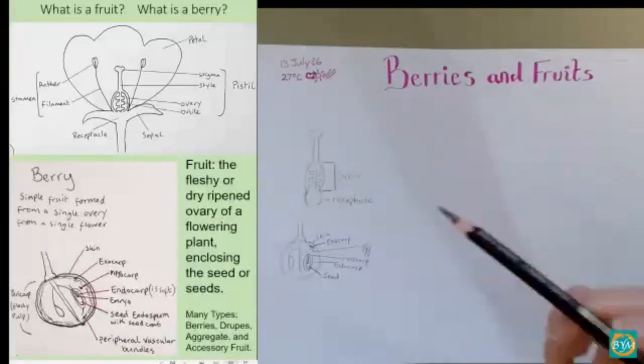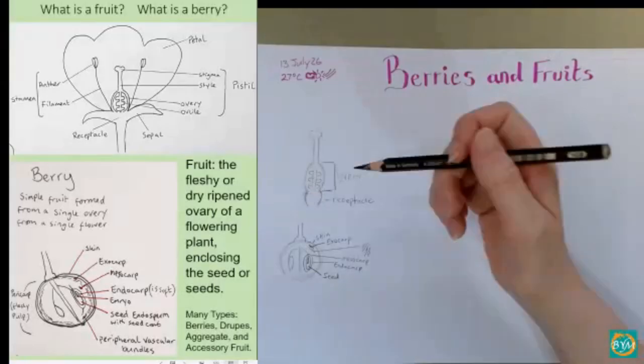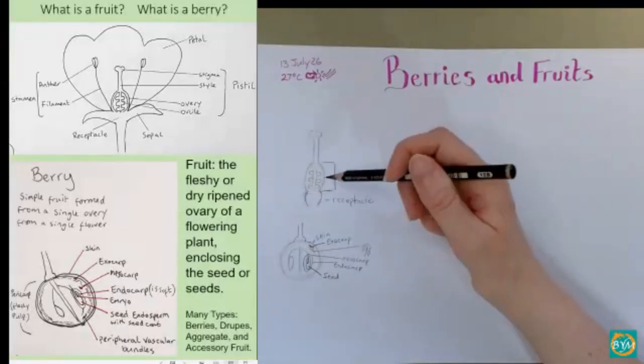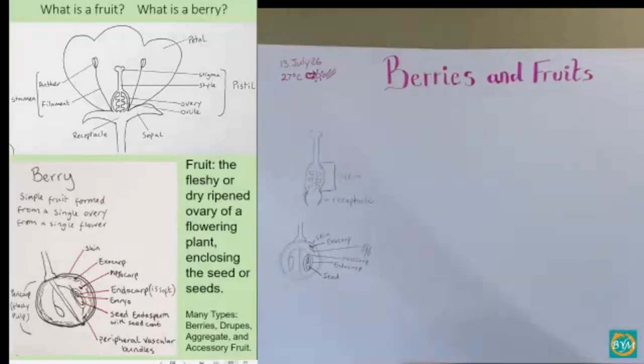But just sort of think, a fruit, the botanical definition is that it is a ripened ovary of a flower. And a berry is basically one single ovary from one single flower. So that is our definition.